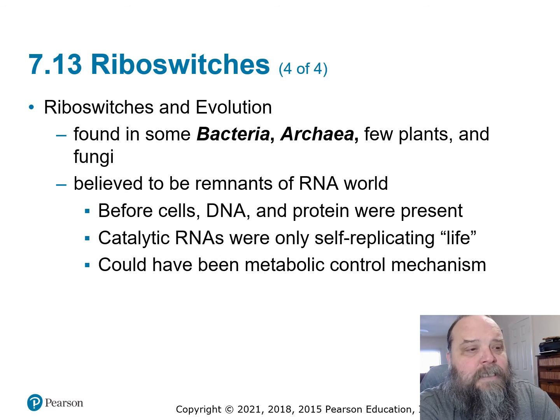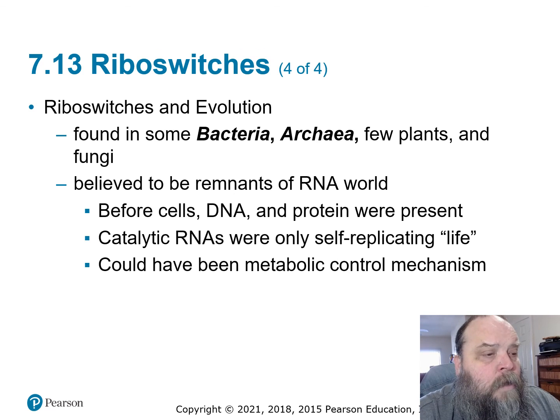As I just mentioned in the last slide, we see these riboswitches and their control of translation and transcription mostly in bacteria, archaea, a few plants, and fungi. Not all bacteria can do it, not all archaea, just like not all plants or fungi, but a select few.